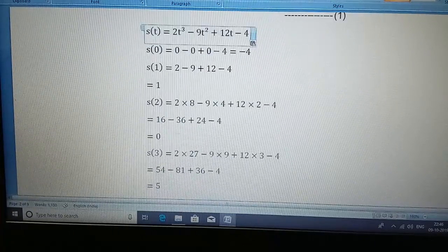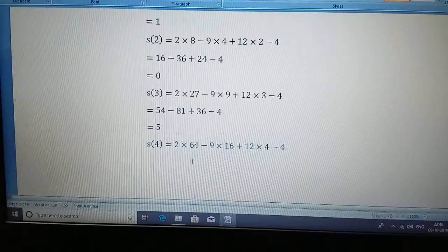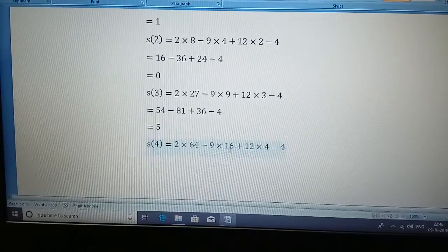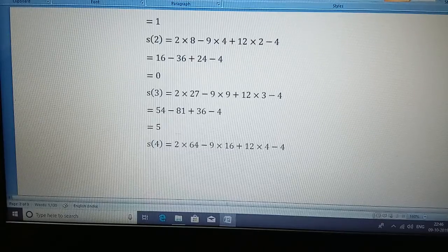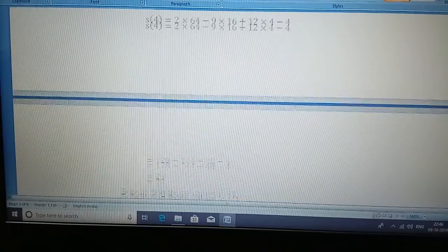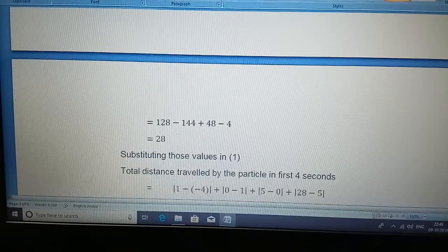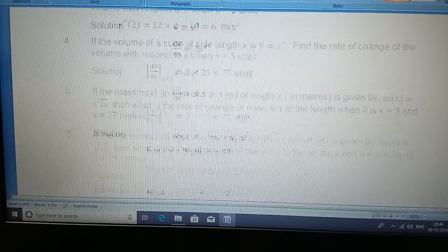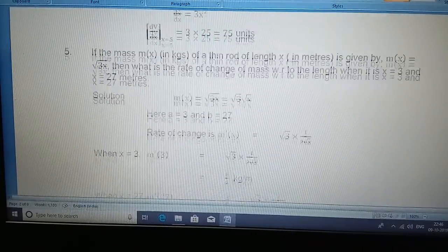Last, S of 4: 2 into 4 cube, that is 128, minus 9 into 4 square, that is 144, plus 12 into 4 minus 4. So totally we get 28. Substitute all these values into the formula.